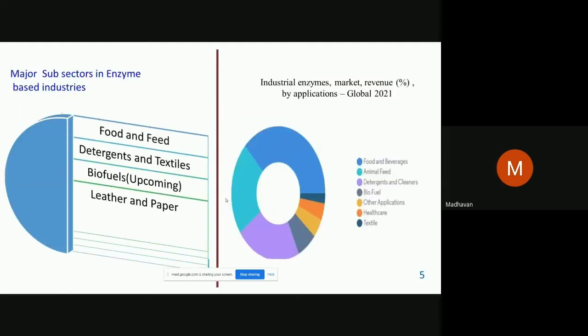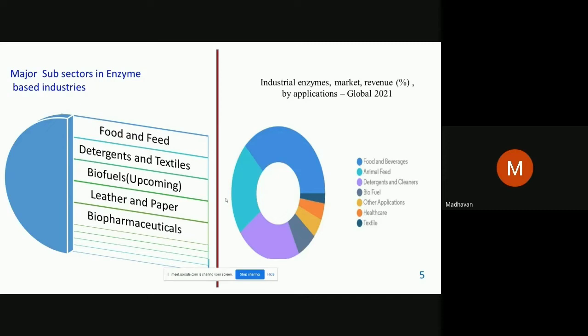If you look at the major subsectors of the enzyme industry, I have listed four or five major sectors: food and feed, detergents, biofuels, which is a very upcoming area, leather and paper, and biopharmaceuticals.